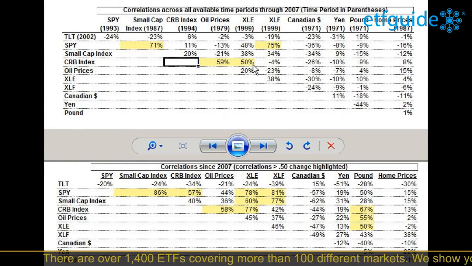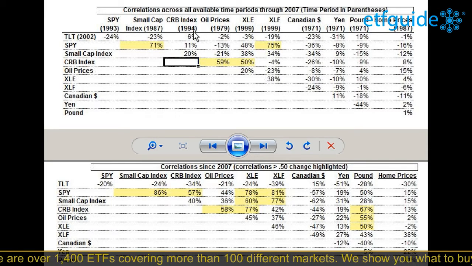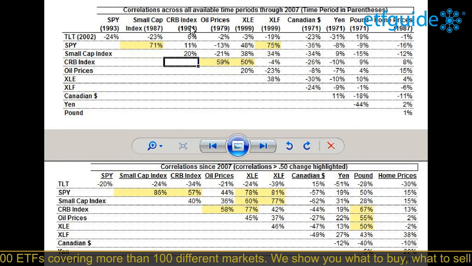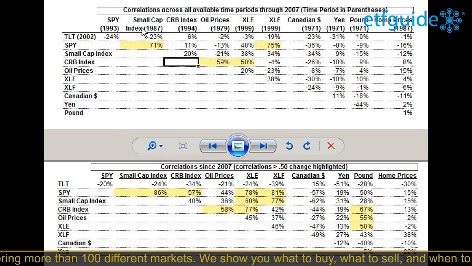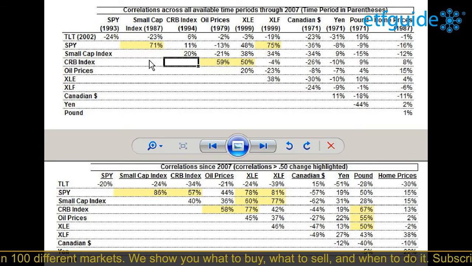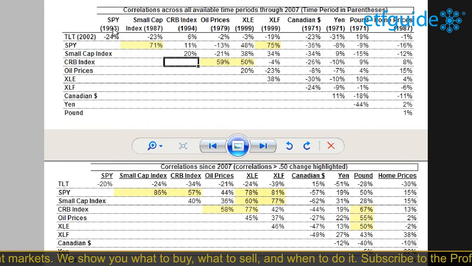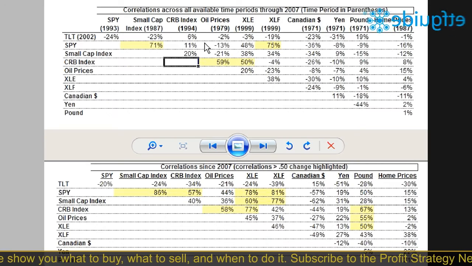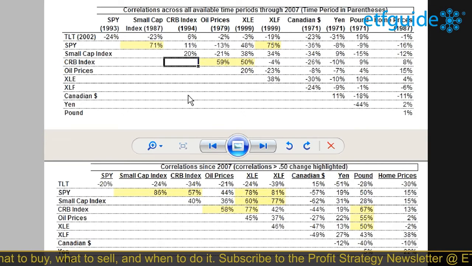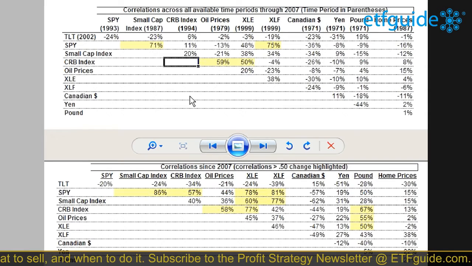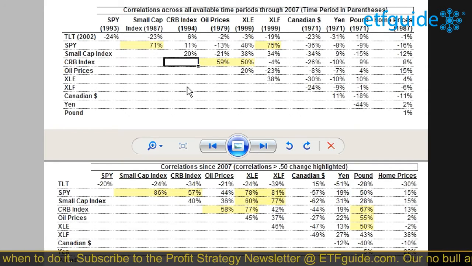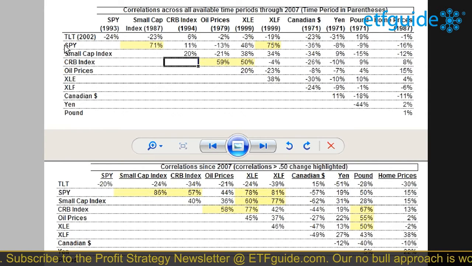Each asset class data is in parentheses in the year next to the asset class. So for instance, the small cap index has data going back to 1987 and the SPY has data going back to 1993.